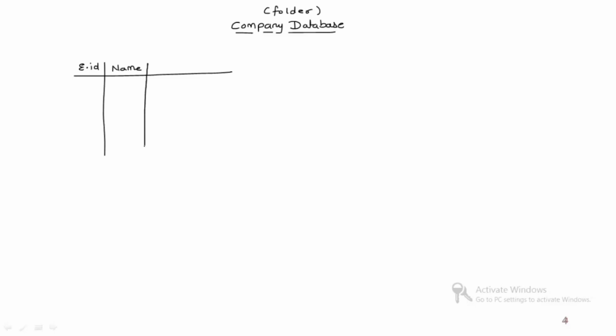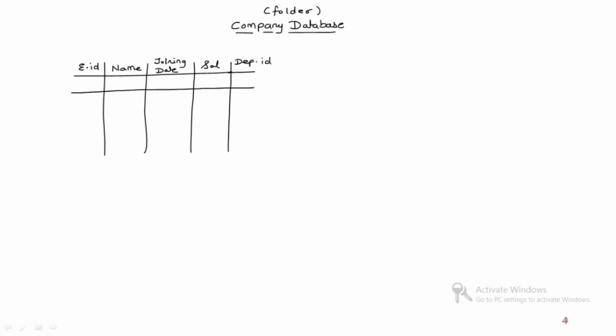So let's create one database, and I'll create a database known as company. So it is the company database, and remember, this is a folder. Now this particular database or folder has two files or two tables. One is the employee file, which has details like employee ID, name, joining date, salary, and department ID.